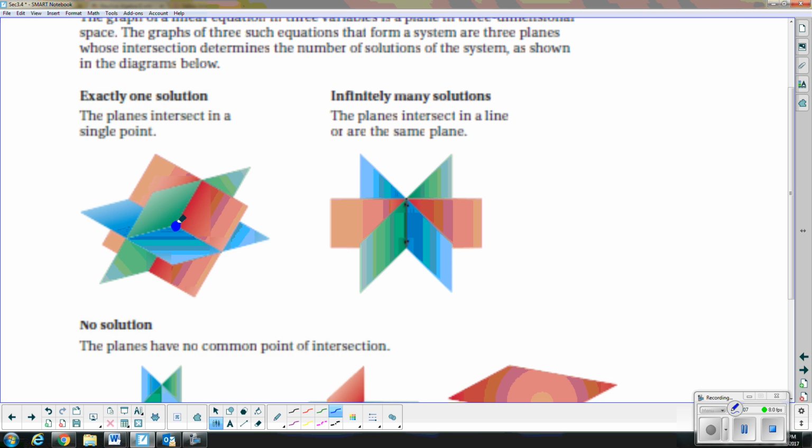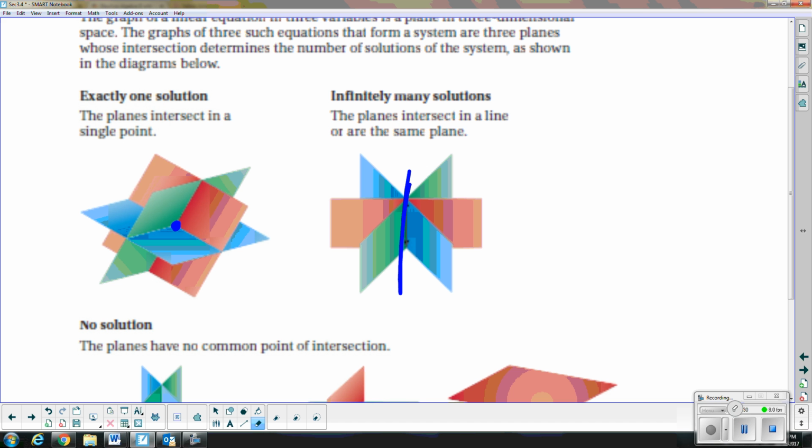So again, with this system, all three equations have to be true. So this is the only point where all three equations intersect.